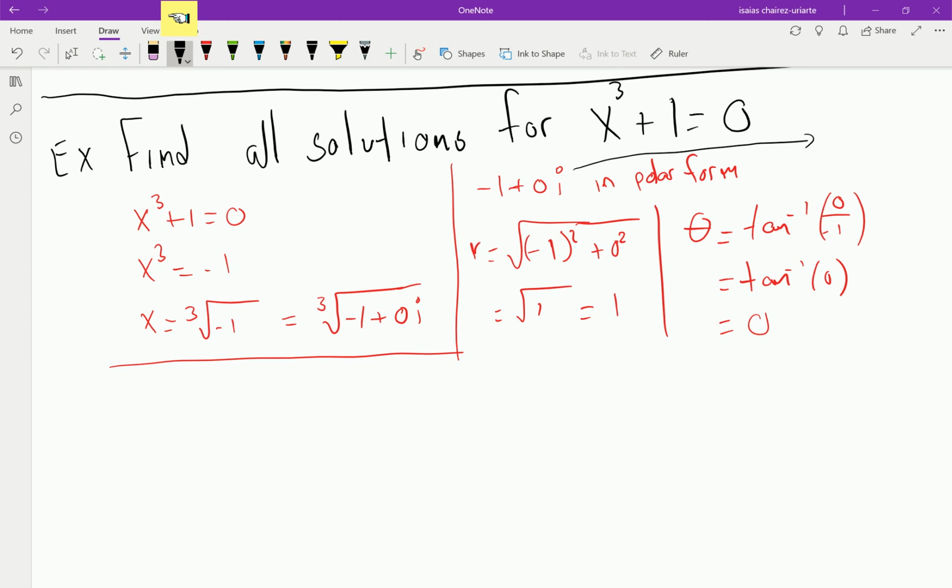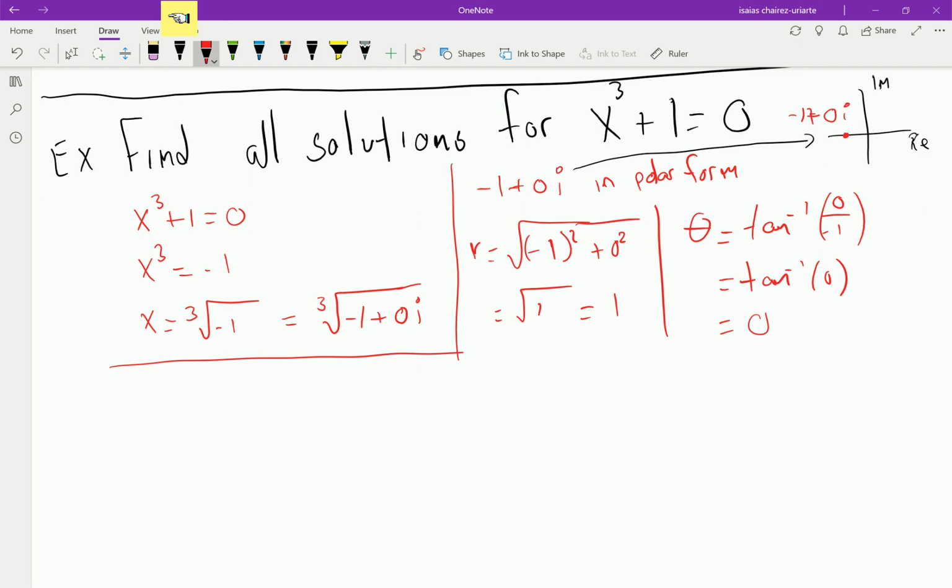Think about what this complex number looks like in the complex plane. It's negative 1, and there's no imaginary part, so it's right there: negative 1 plus 0i.